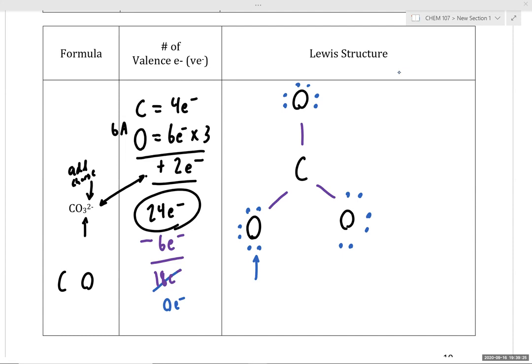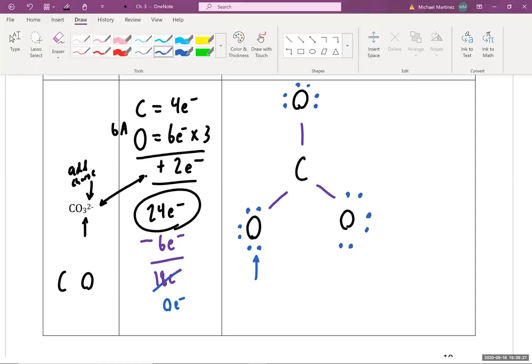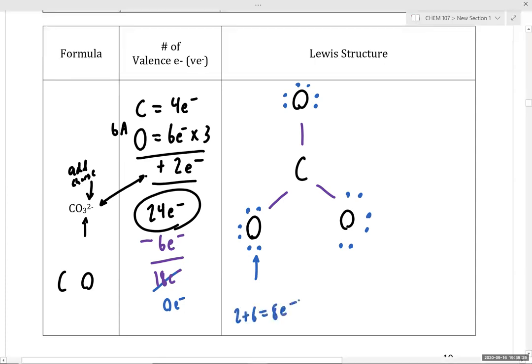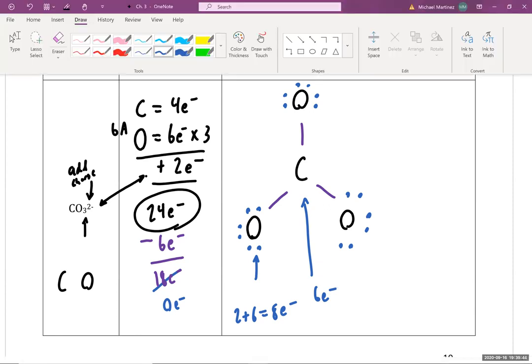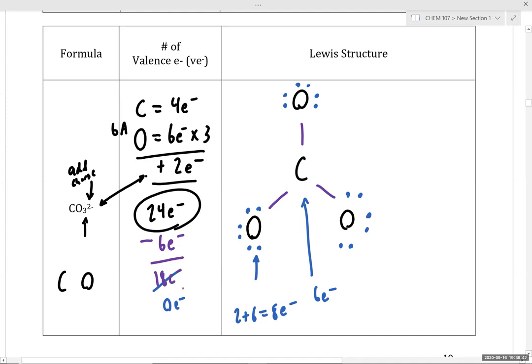So let's check. Each of these oxygens, I see 2 plus 6, which gives me 8. And as we've noted in the chat, looking at carbon, we only have 6 electrons. And that means carbon doesn't have a complete octet, and carbon's not very happy with this. As we have 0 electrons remaining, I can't just give carbon a lone pair. But what I can do is take one of my lone pairs and convert it into a bond.